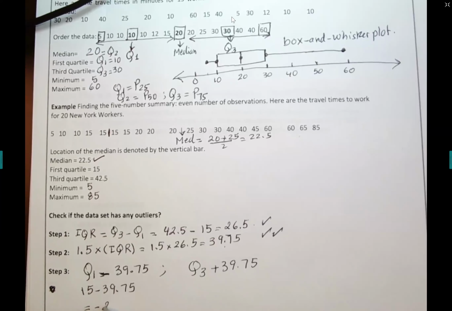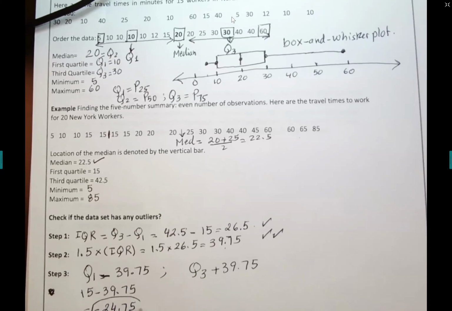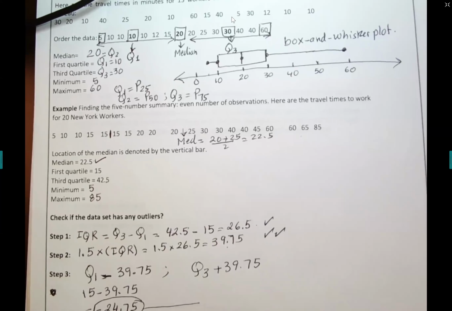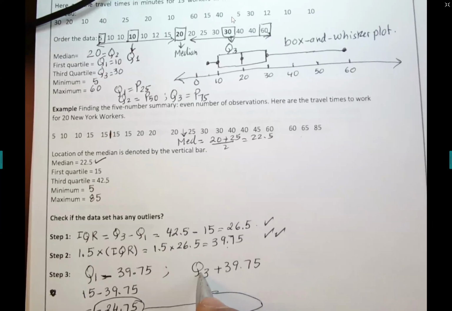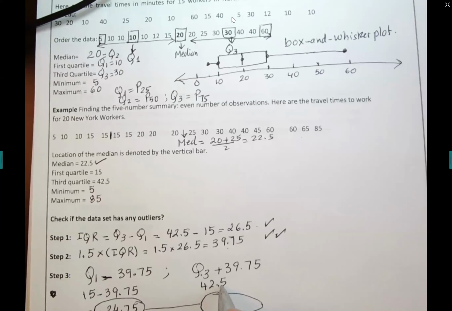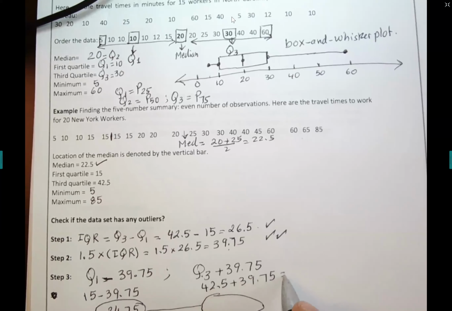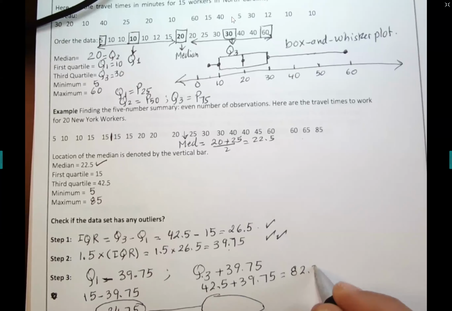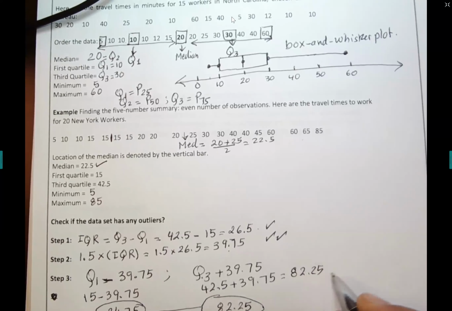Negative 24.75. I'm going to circle this. That's a very important number. Then I'm going to go to the next one. Q3 is 42.5 plus 39.75. And what is it going to be? 82.25. That's step 3.